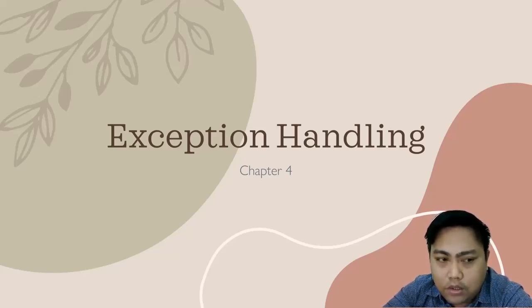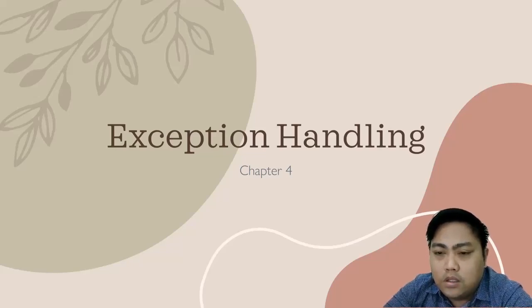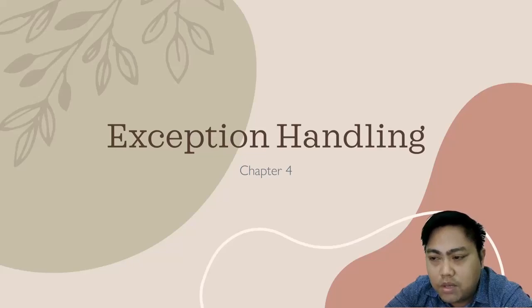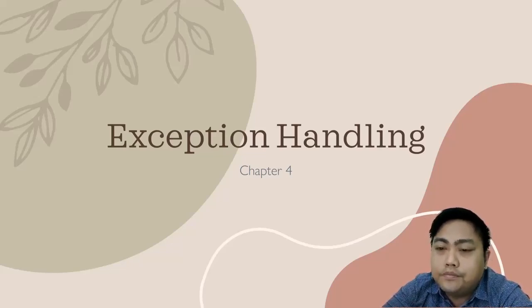So, this can happen due to variety of reasons, such as incorrect user input, fault code, or problems within the system. So, if these exceptions are left unhandled, exception can cause program to crash or behave in unpredictable way. So that's why it is important to understand how to properly handle the exception in our programs.